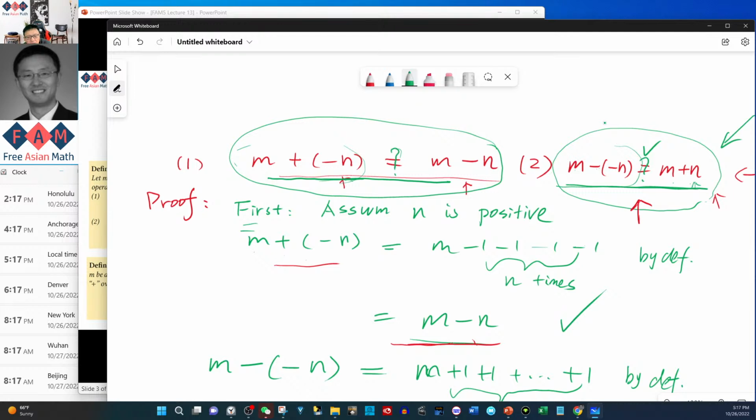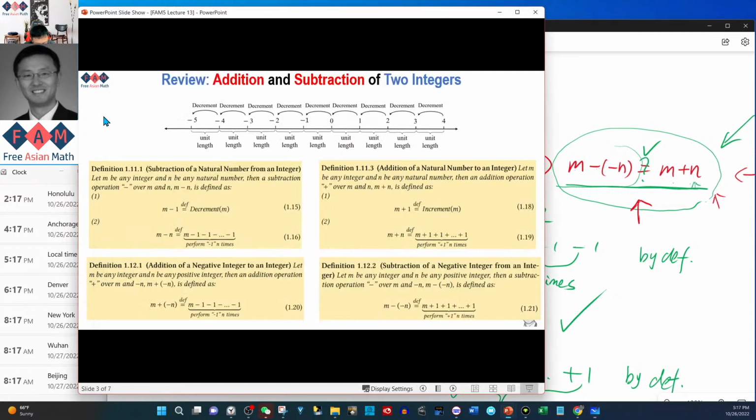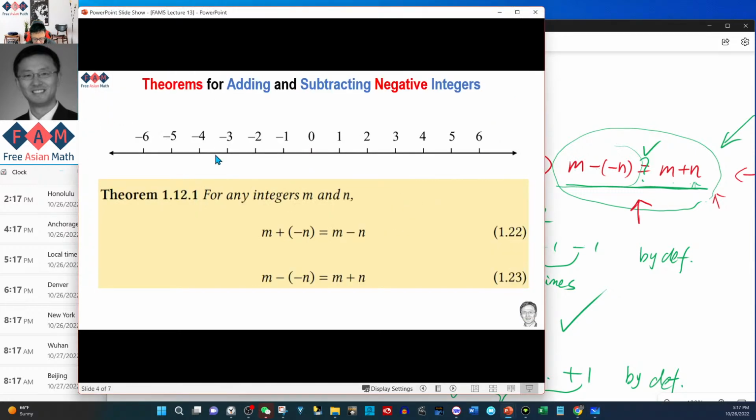It doesn't matter whether n is a positive integer or negative integer. Therefore, we prove this theorem completely. Okay, it's very important to understand why we took such an effort to prove something.